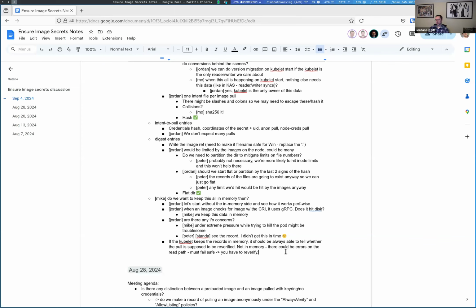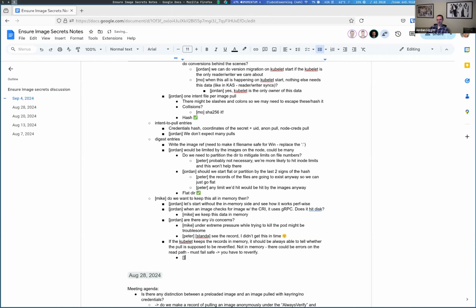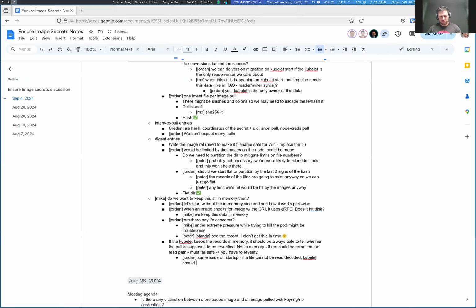We have the same issue on startup, right? You start the kubelet and it looks at this list of files and decodes them at startup time and populates its in-memory cache. If one of those files can't be read or decoded, then the next time the kubelet's asked about that digest, it should also say, I know this is an image I care about, a digest I care about, but I don't know what answer to give you.